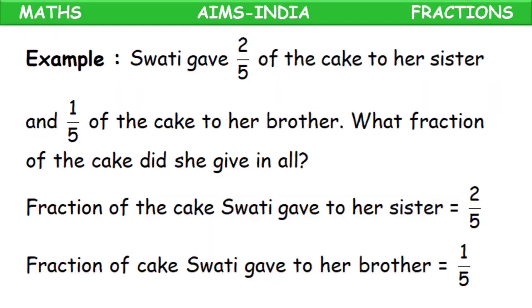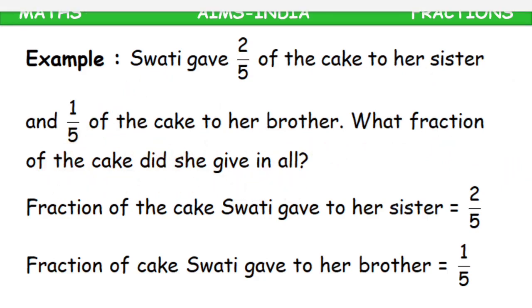Addition of like fractions. Now in the same way, let us look at an example word problem. Swati gave 2 by 5 of the cake to her sister and 1 by 5 of the cake to her brother. What fraction of the cake did she give in all?